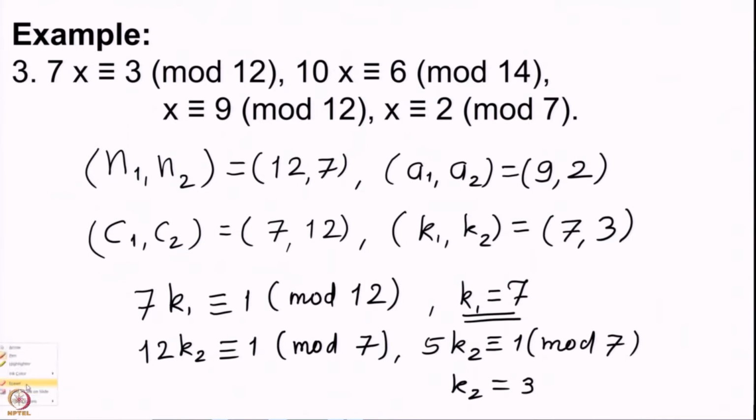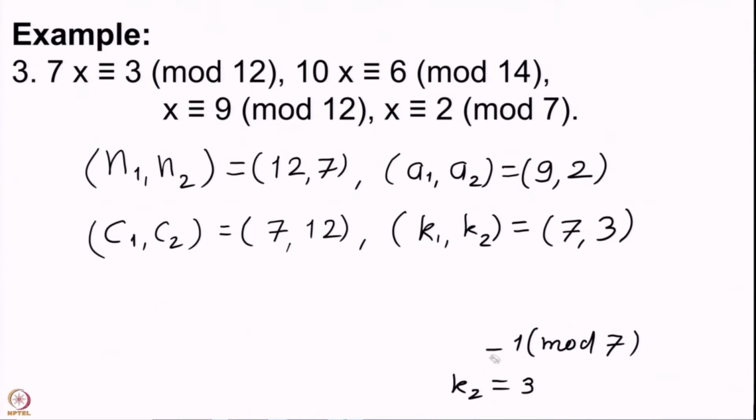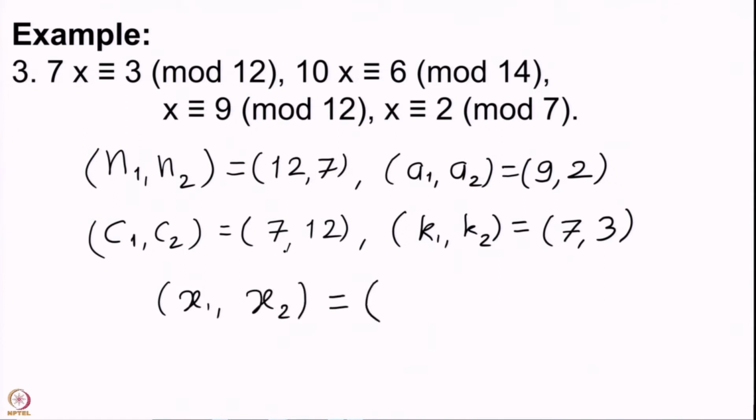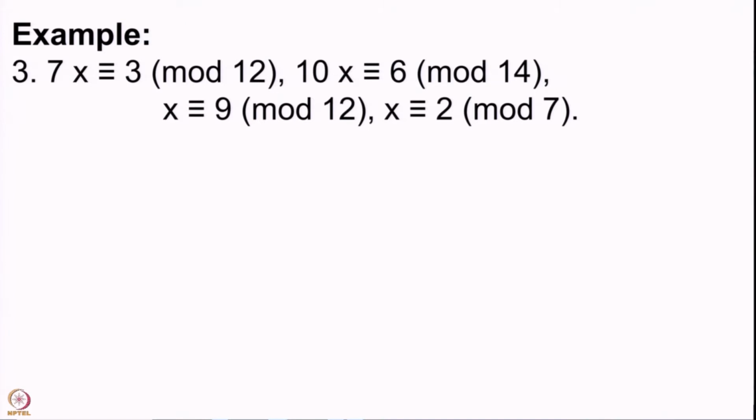Once we have computed these, let me erase these computations so that we can use the same slide to do further computations, namely x1 and x2. If you remember, x1 is C1 K1, x2 is C2 K2. So x1 is C1 K1, that is 49, and x2 is C2 K2, which is 36. These are the most important numbers which we need to solve the equation: 49 and 36.